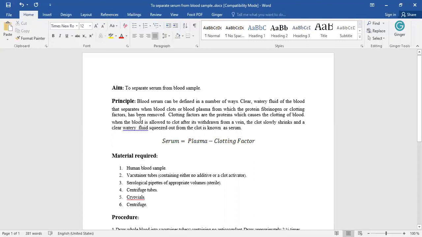What are clotting factors? Clotting factors are the proteins which cause the clotting of the blood. When the blood is allowed to clot after its withdrawal from a vein, the clot slowly shrinks, and a clear, yellowish fluid squeezed out from the clot is known as the serum.